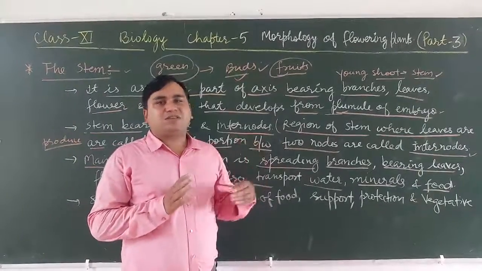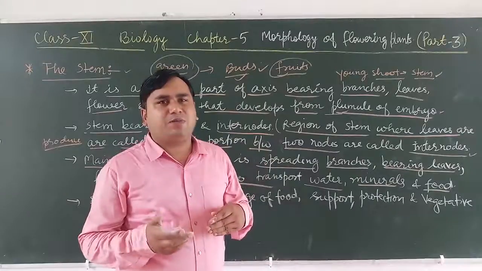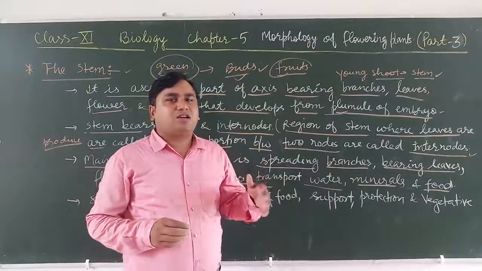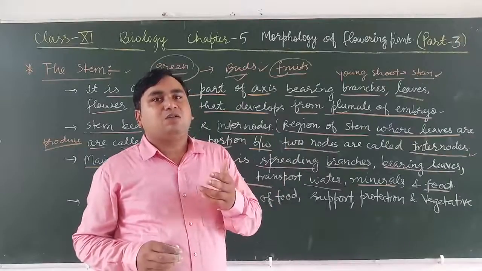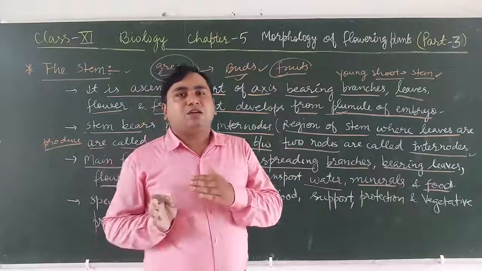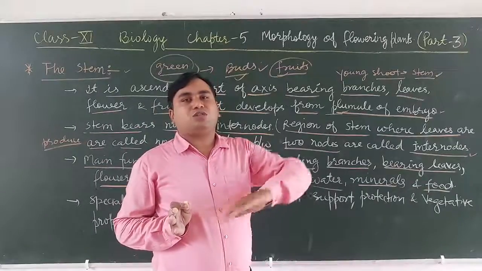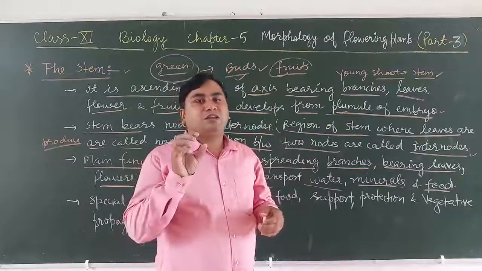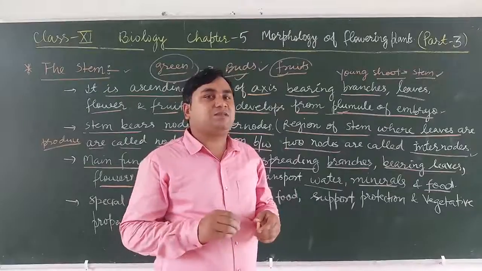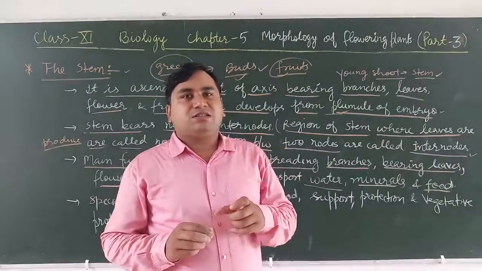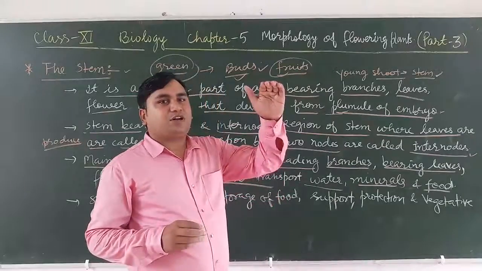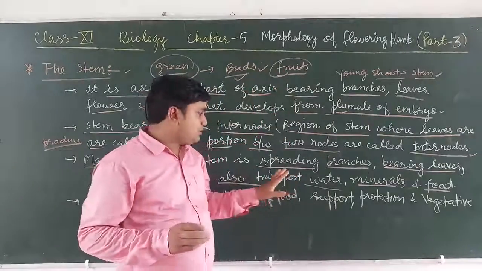In the previous chapter I told about the xylem and phloem. Also you studied in the lower classes what xylem and phloem are. Xylem transports the water and minerals from the root of the plant to the stem, and phloem takes the food material formed by the process of photosynthesis in the plant from the upper part to all parts.